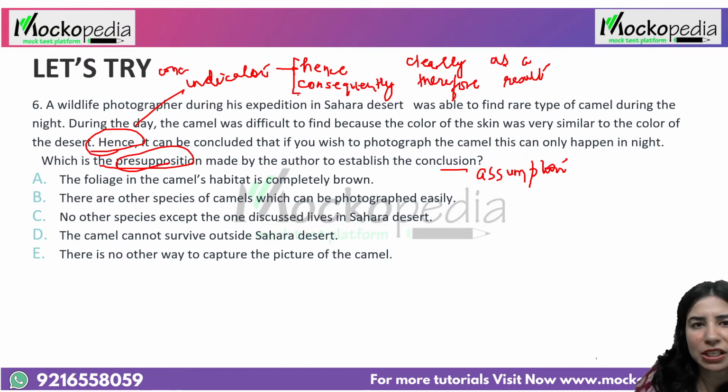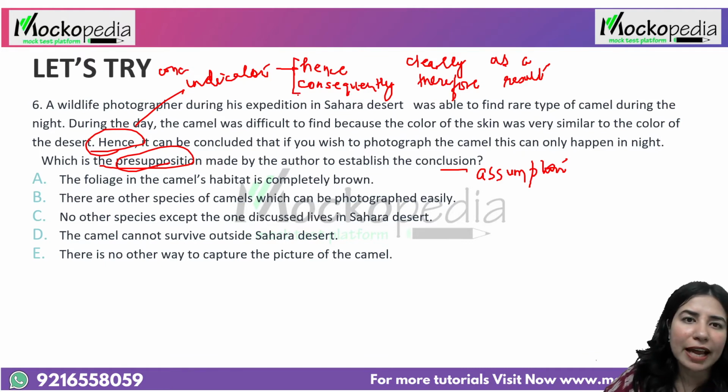You can pen down these few words. This will make your life really easy when it comes to question solving, especially in critical reasoning. So you can make a list and then we'll of course take the discussion ahead.